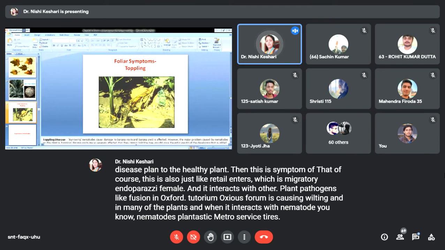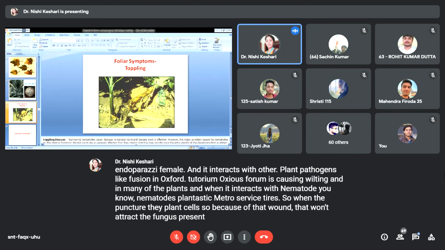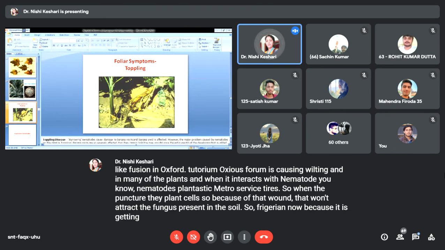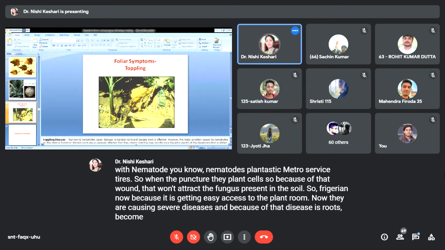When they puncture the plant cells, that wound attracts the fungus present in the soil. Because Fusarium is getting easy access to the plant root, it causes severe disease, and because of that disease these roots become very weak, and the whole banana plant topples down.